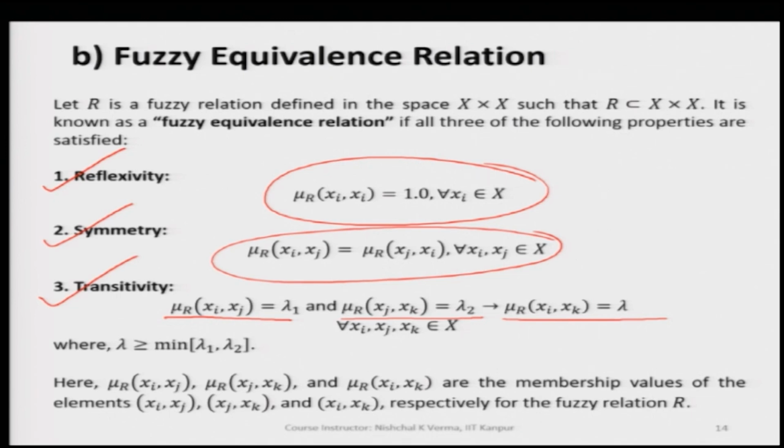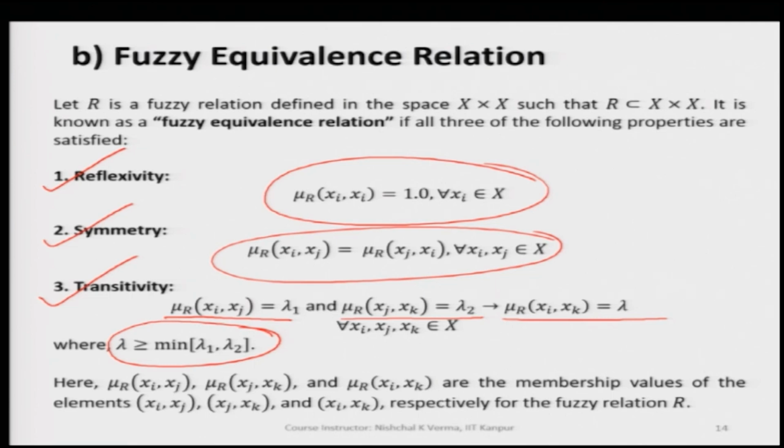For the transitivity condition to be satisfied, this lambda has to be greater than or equal to the min of lambda 1 and lambda 2. If this is the case, then we can say that the transitivity condition is also satisfied.